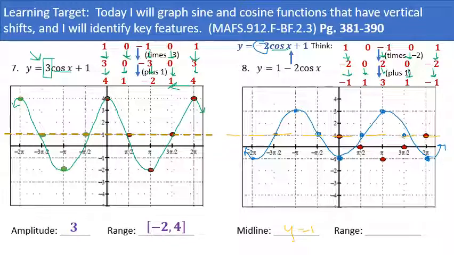And then what's our range? Let's find the high point and the low point. High point's going to be at 3. Low point's going to be at -1. So we're going -1 to 3. Okay, and I'm going to skip through all my animations because they're going to be wrong. And we'll see what's next.